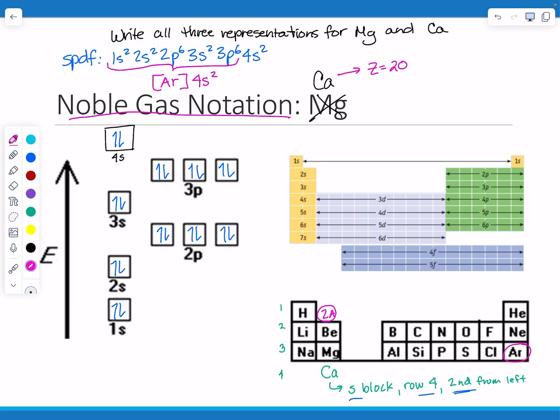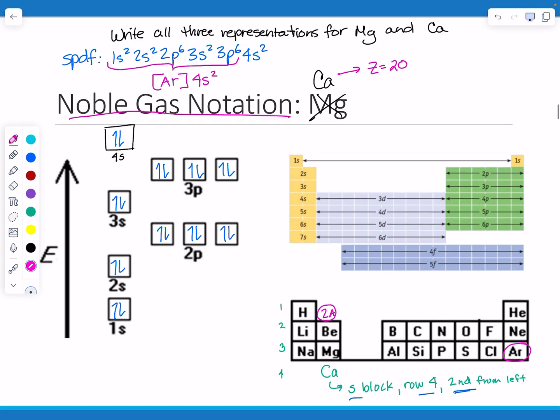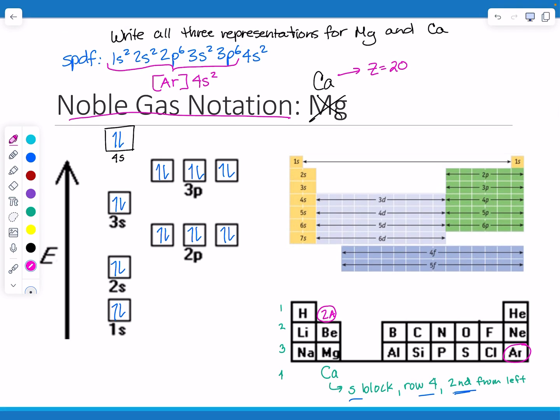So let's just quickly pick barium and write barium in the noble gas notation. We're not going to count things. We're just going to look at row number, column number, and the noble gases.